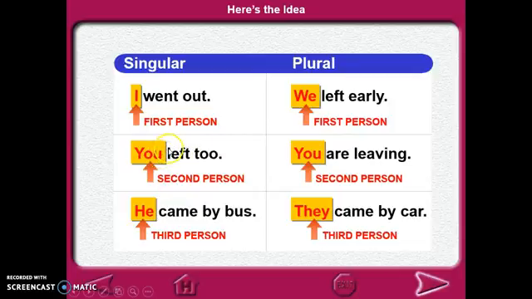So you're referring to someone far away or away from you. Now look here, the plural and the singular are the same, but the aspect of everything else is either singular or plural. Then third person: "he came by bus" or "they came by car." This is he, she, it, and the plural is they, them, the idea of including more than one person.